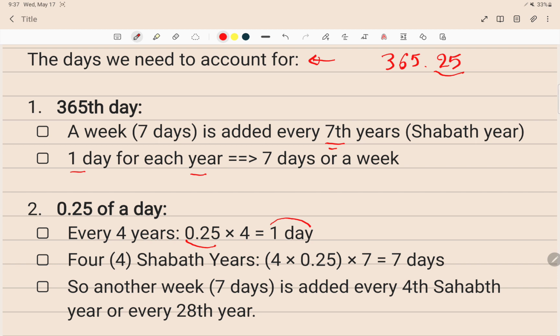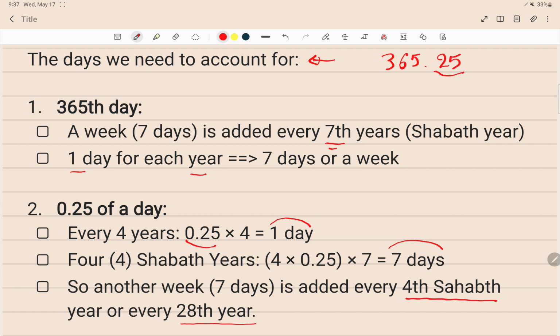After 28 years, you can actually add a period of 7 days, or basically a week, to the calendar. So another week, or 7 days, is added every fourth Shabbat year, which would be every 28th year.